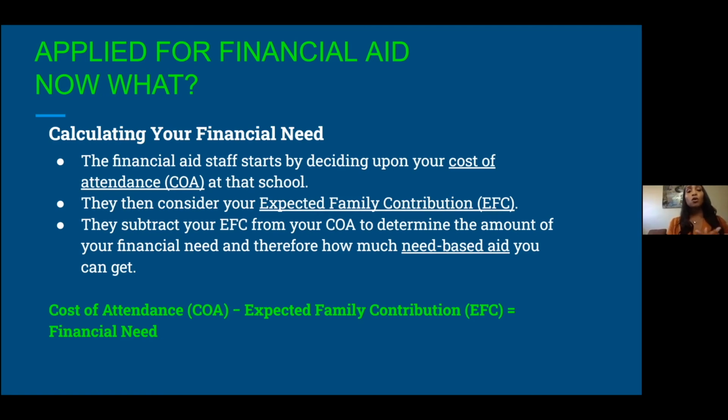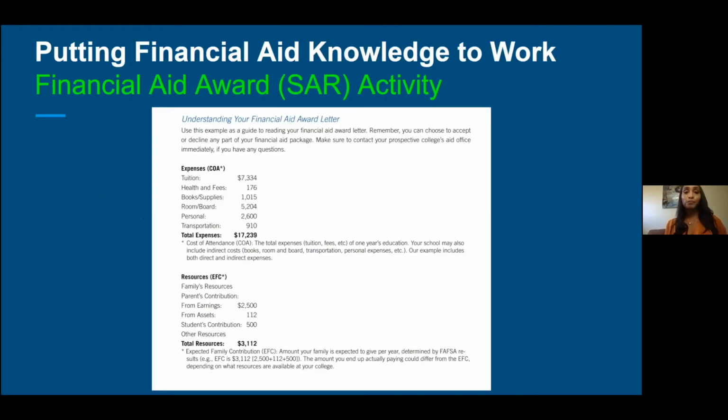So this is the equation in a nutshell. Your cost of attendance, so how much it costs for you to go to that college or university, right? Minus your expected family contribution, what you reported on your financial aid, equals your financial need, how much you will need to go to that college or university.